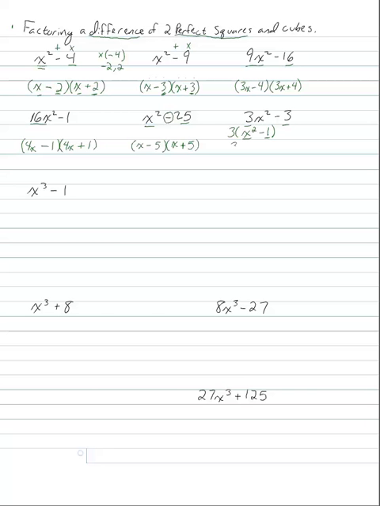So I can factor out the 3, and then x minus 1, since the square root of x squared is x, times x plus 1. And that's it, completely factored. So hopefully you can start to see that. Again, we're using a kind of logic to try to figure these out.